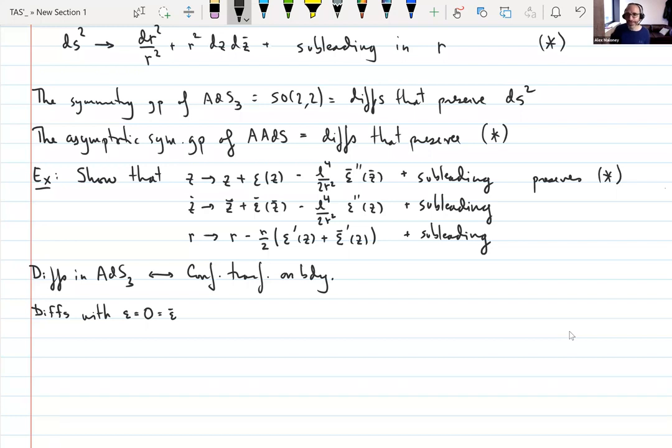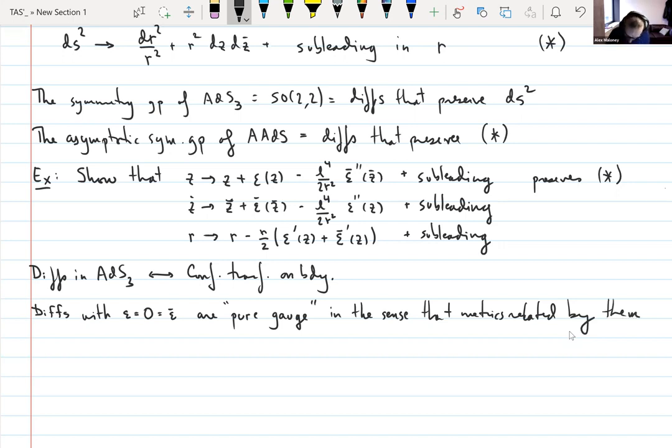Of course, this is an element of the asymptotic symmetry group, but it's something that we regard in the usual way in theories of gravity as a gauge transformation. So in particular, in a theory of gravity, diffeomorphisms are regarded as gauge transformations in the sense that metrics related by them are identified, right?